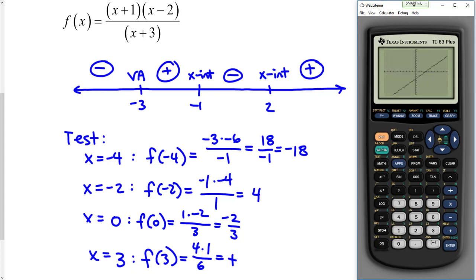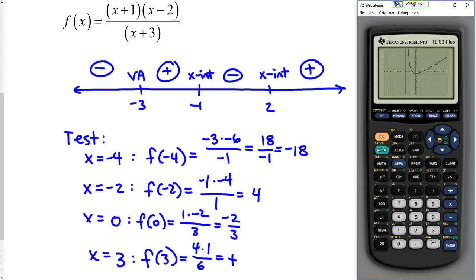All right, now go to my y equals, and in the numerator I have the factors x plus 1 and x minus 2. Then, divided by, in the denominator I have x plus 3. Now graph.